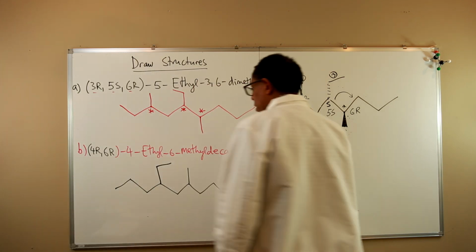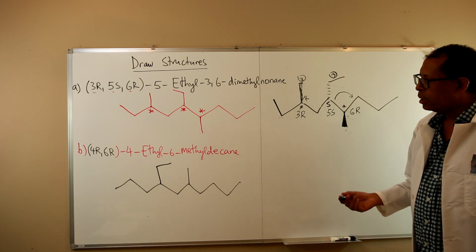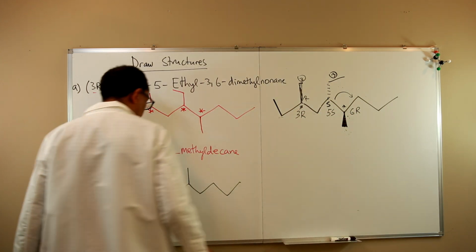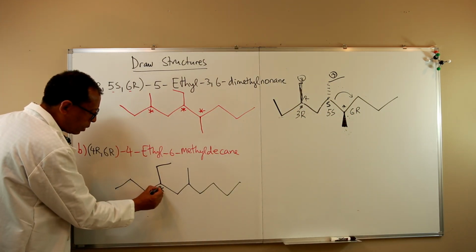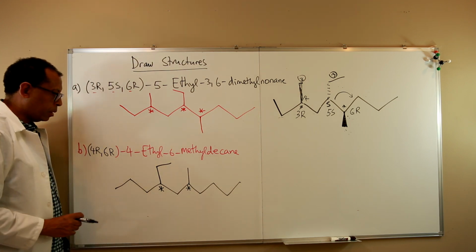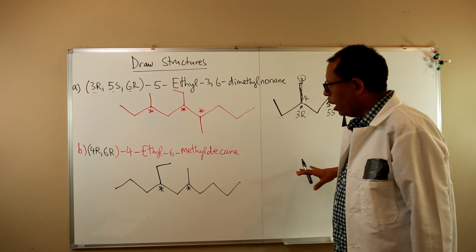So the structure at least looks like that, but we haven't specified yet the stereochemistry of those carbons. The stereogenic centers are these two. At the 4th position, I have an R.